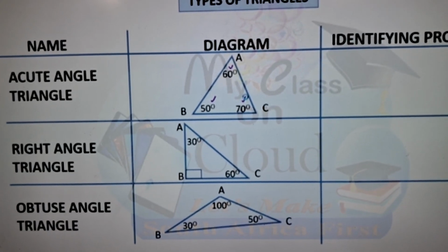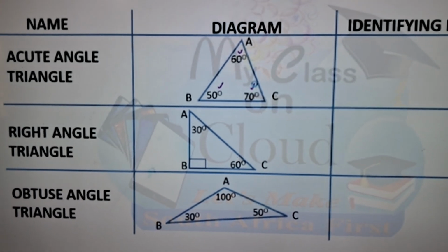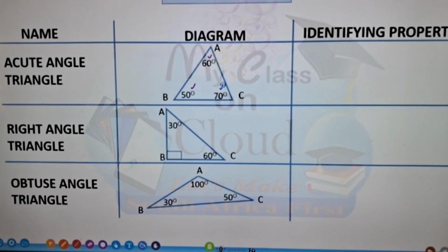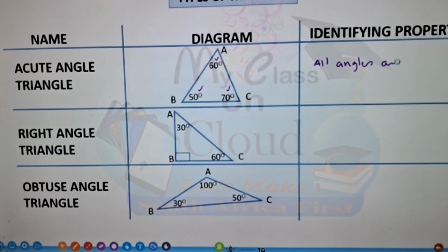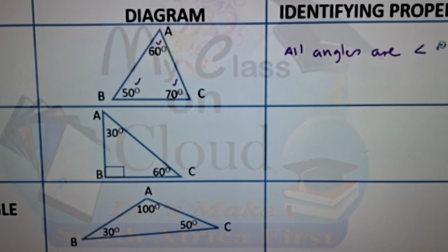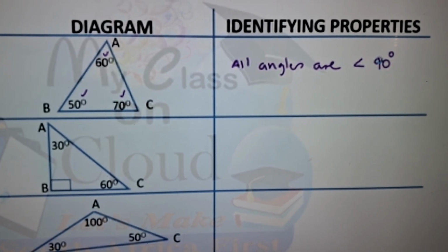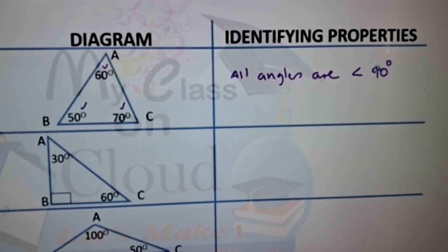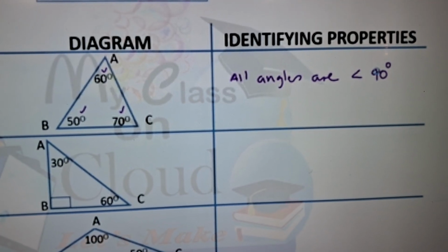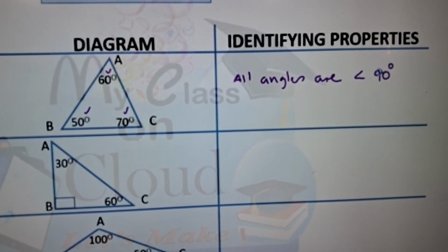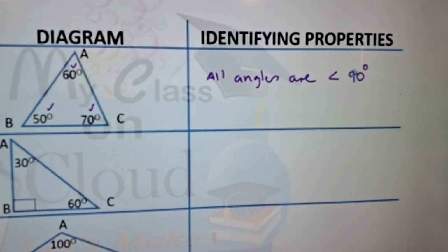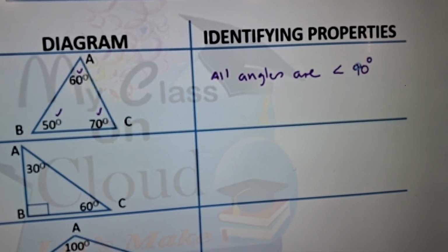That's what makes it an acute angle triangle. So their identifying property is, all angles are less than 90 degrees. All the angles of the triangle, by all we mean three, there can only be three angles in a triangle. So if those three angles are less than 90, then it is called an acute angle triangle.